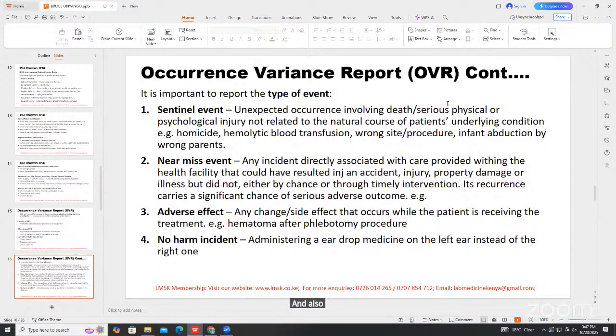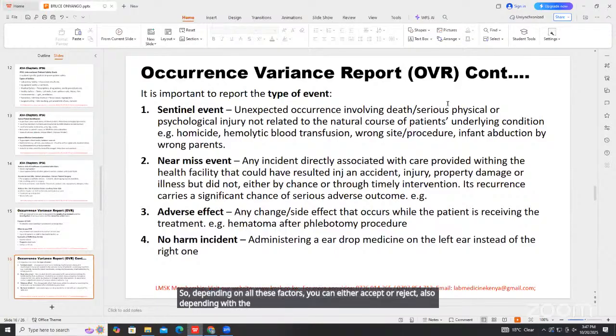And also, can you connect the two to the patient? Is the sample sufficient? What was the collection time? So depending on all these factors, you can either accept or reject, also depending with the lab policy, wherever you work.